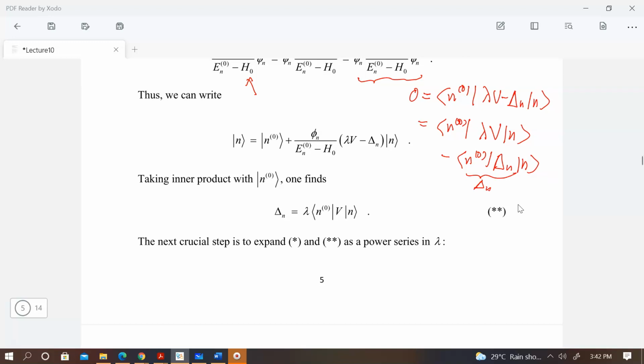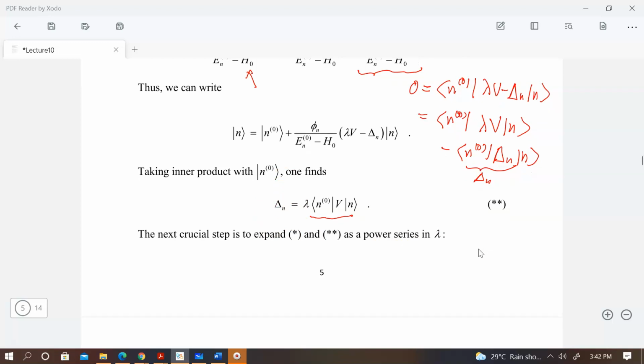Delta n goes to the other side, and essentially delta n is given in terms of this perturbing potential there. Okay. So in other words, this more or less tells you about the eigenvalues of your perturbed system. Okay.